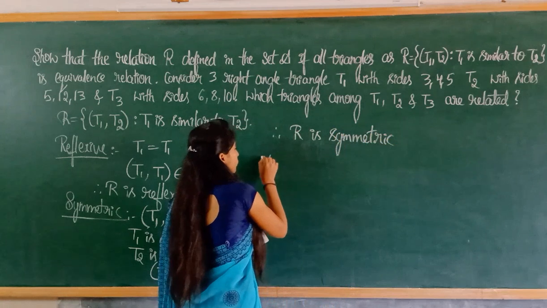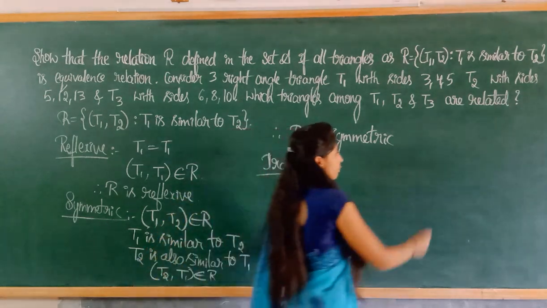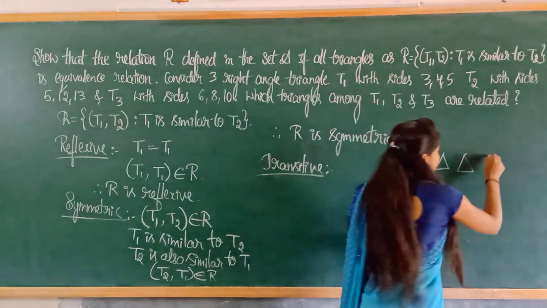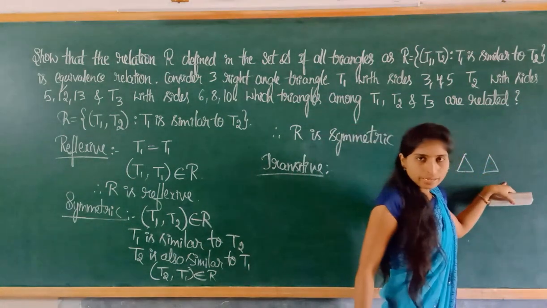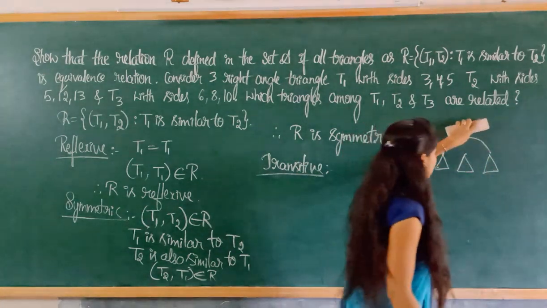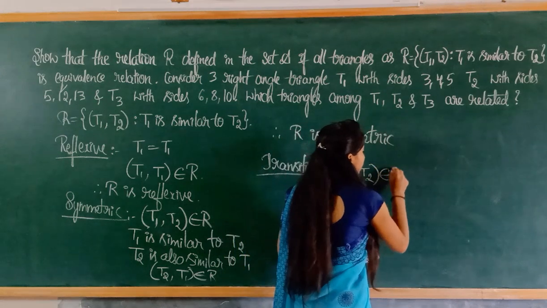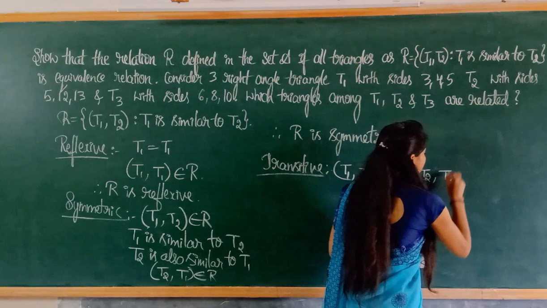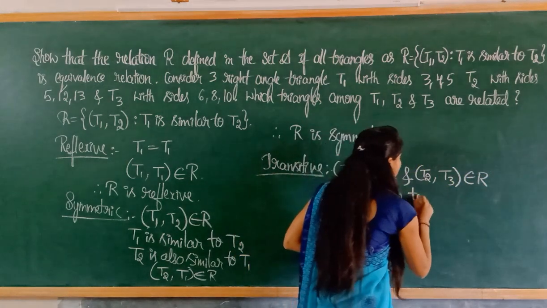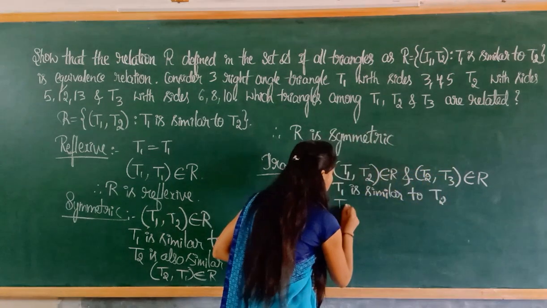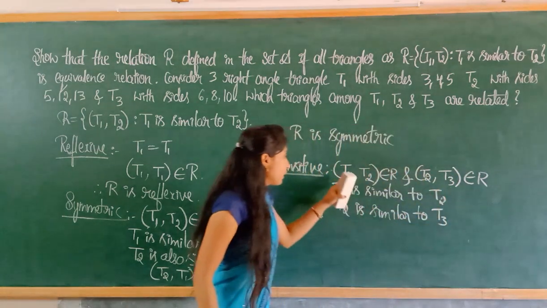Next is transitive. Same here also. If triangle T1 is similar to triangle T2 and triangle T2 is similar to triangle T3, then T1 is also similar to T3.